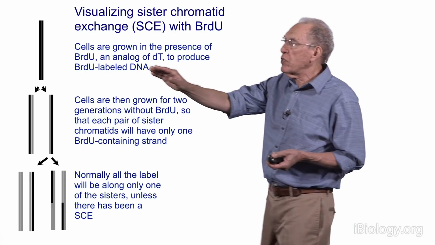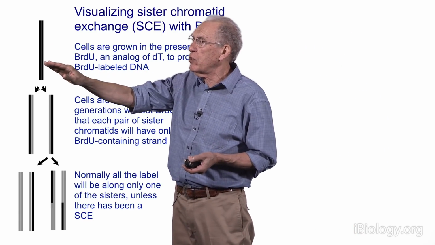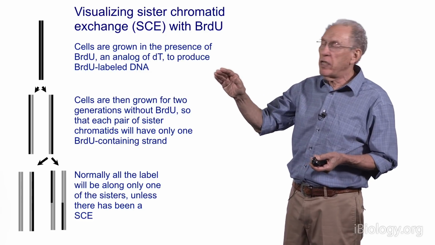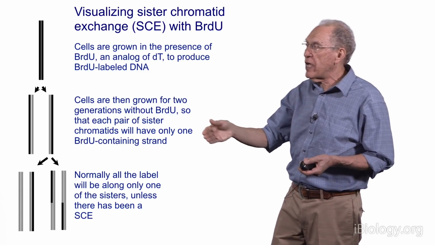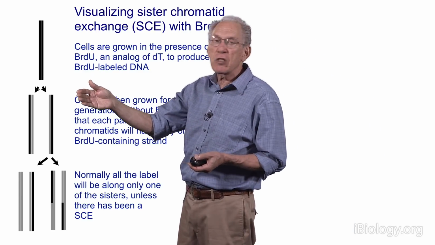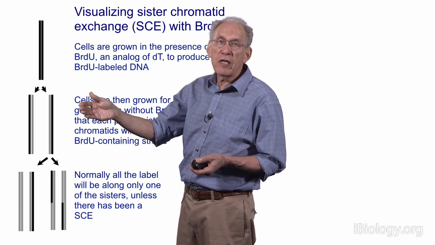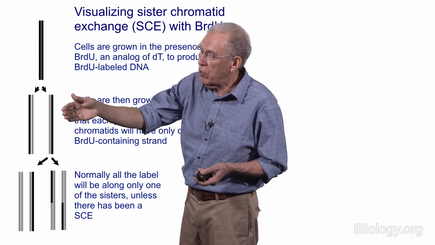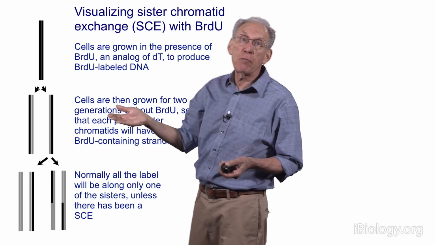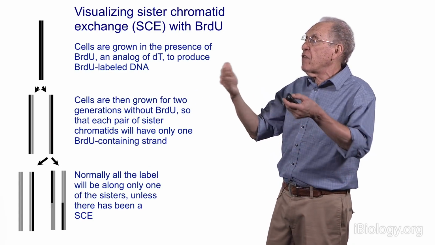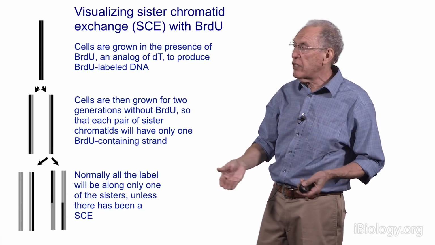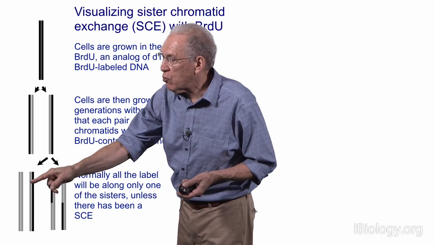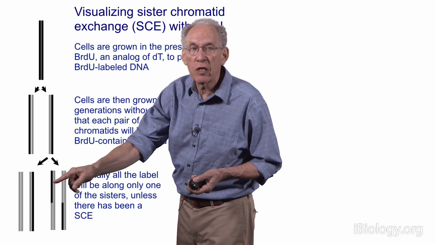And so if you start with cells that have grown in the presence of bromodioxyuridine for a long time, and then you take away the bromodioxyuridine, after one round of DNA replication, this is just the picture that Meselson and Stahl showed for normal replication in E. coli, namely that one of the strands is old and has bromodioxyuridine, and the other strand is new and doesn't have any bromodioxyuridine. And then if these cells go through yet another round of replication, only one of the 4 strands, and therefore only one of the 2 sister chromatids, has any bromodioxyuridine label.